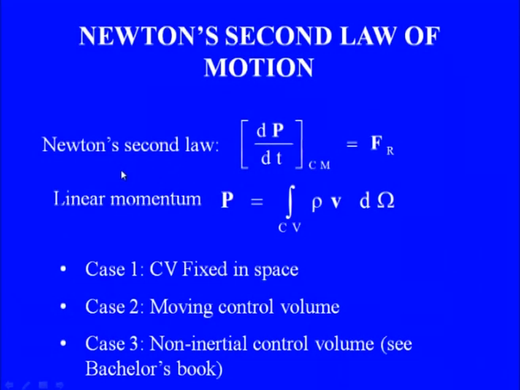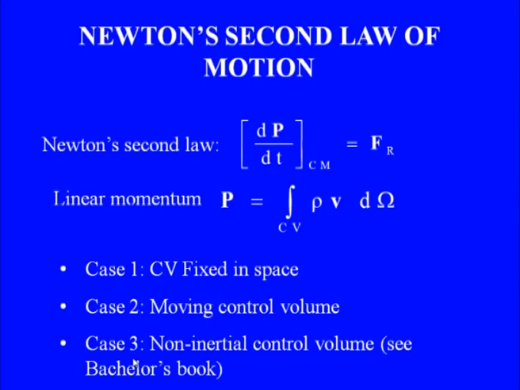To summarize what we have discussed just now, Newton's second law, we have got dP by dt for the control mass system is equal to Fr, and here capital P is the linear momentum of the fluid body, which can be defined as rho v d omega. Now, there are different possible cases, different ways in which we can choose our control volume depending on our problem.